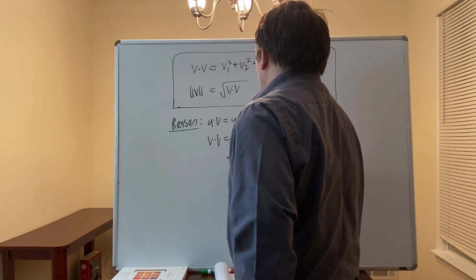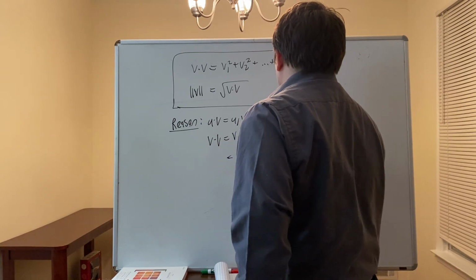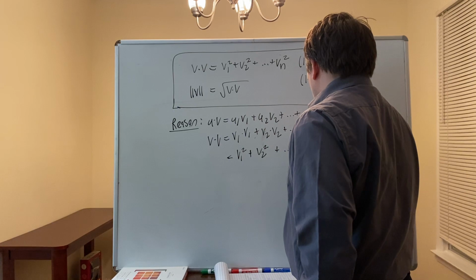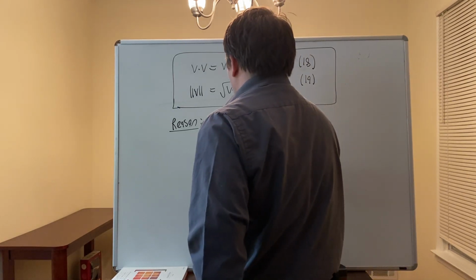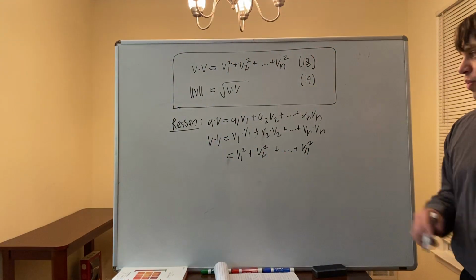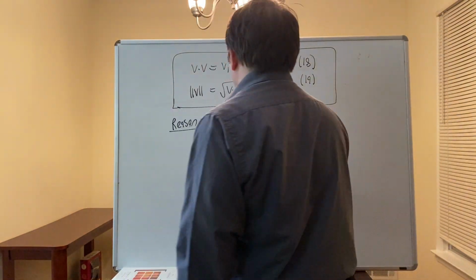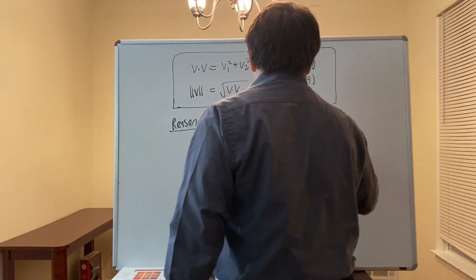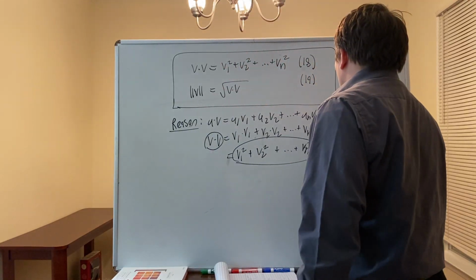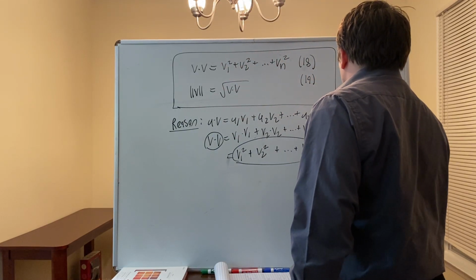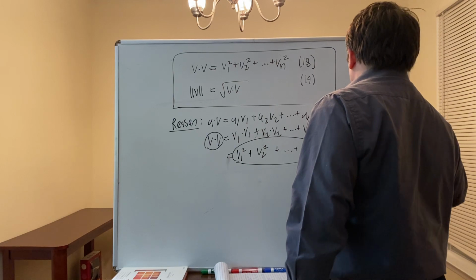That's v1 squared plus v2 squared plus dot dot dot plus vn squared. And so now we showed that v dotted with itself is the sum of the squares of its components. Okay? So that shows that v dot v is equal to the sum of the squares, and we proved equation 18.